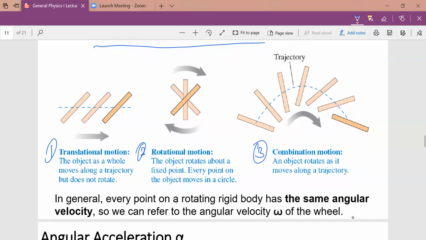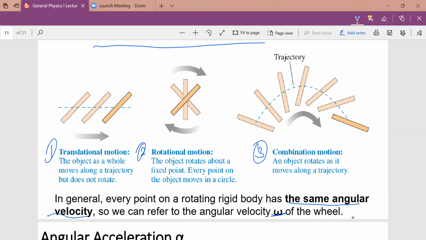So in general, we are saying that the rotating rigid body has the same angular velocity. So we can refer to the angular velocity omega of the wheel.